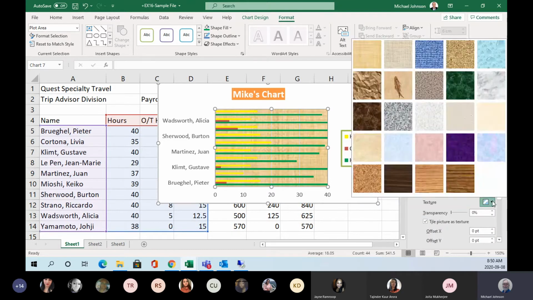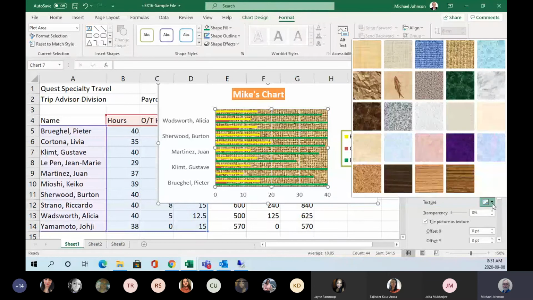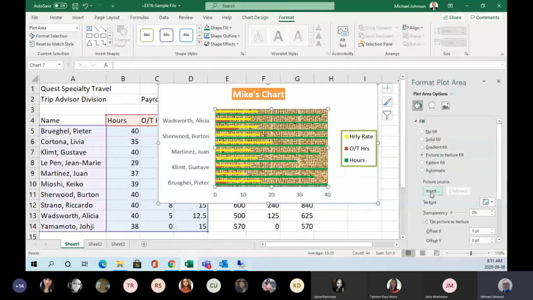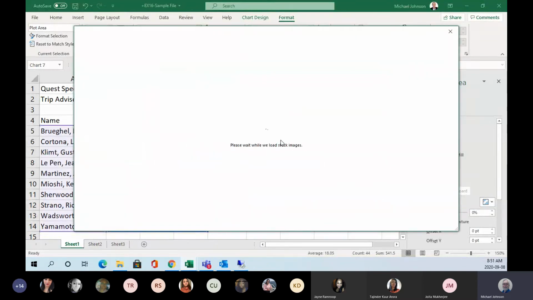So I can actually go out there and find a picture of a dead fish. Excuse me. Or maybe what I want to use is burlap. Well, that's not so good either. Or maybe I can go out to the internet and find a picture I really like. So I can insert something else. I'll go out. Let's say stock images again.